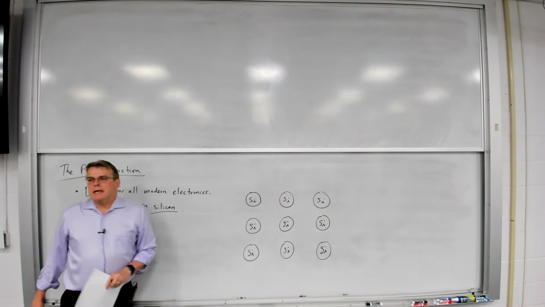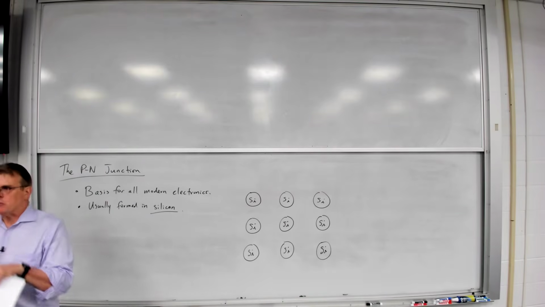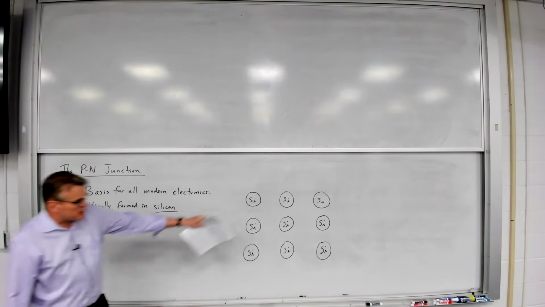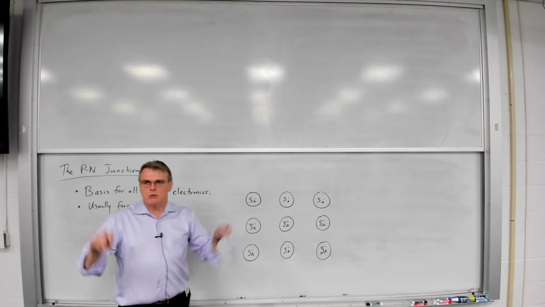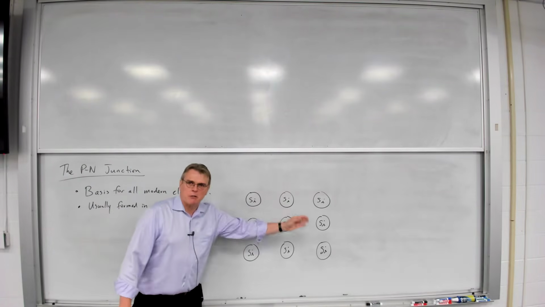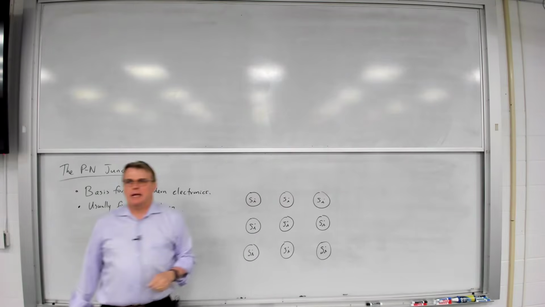Now, when we take silicon, we actually can form crystals out of silicon. And so this represents the silicon atoms in a crystalline array. Now, the actual array would be three-dimensional. So I'm just drawing a two-dimensional slice of it.